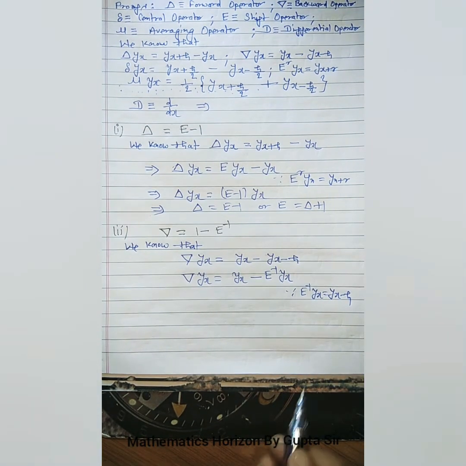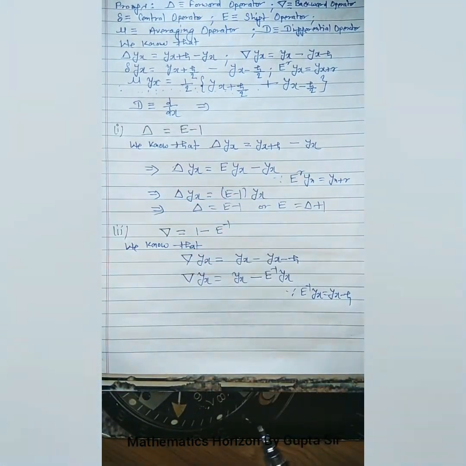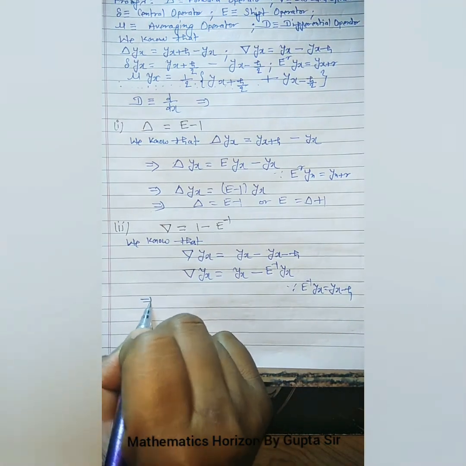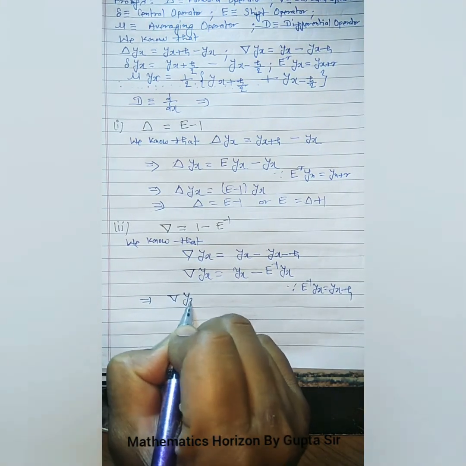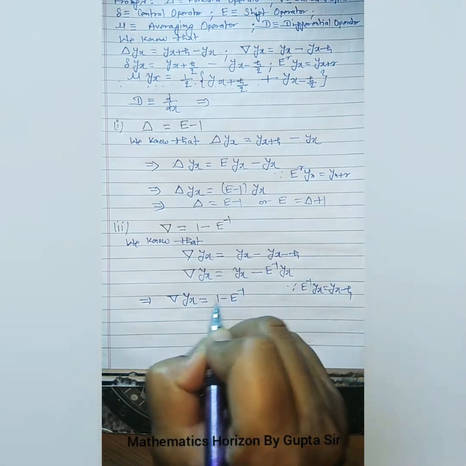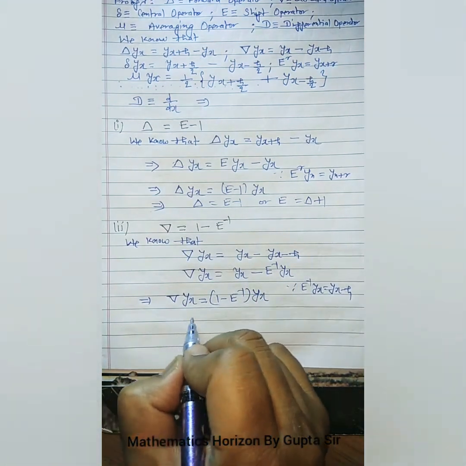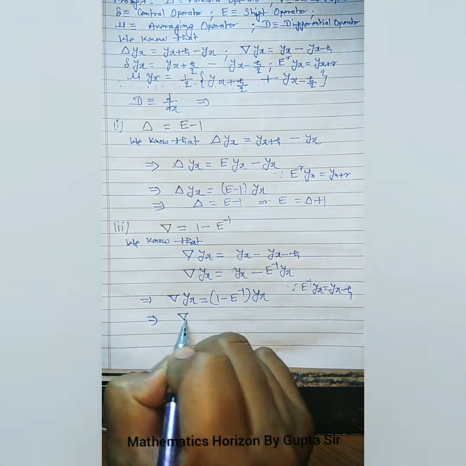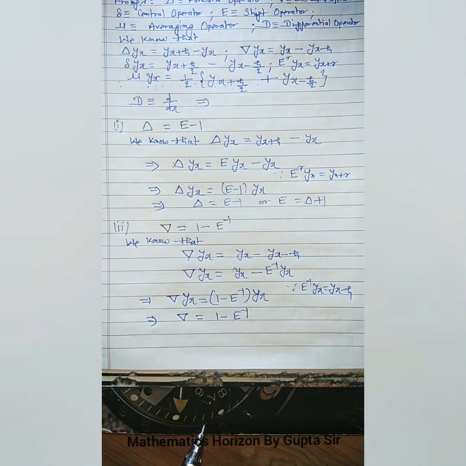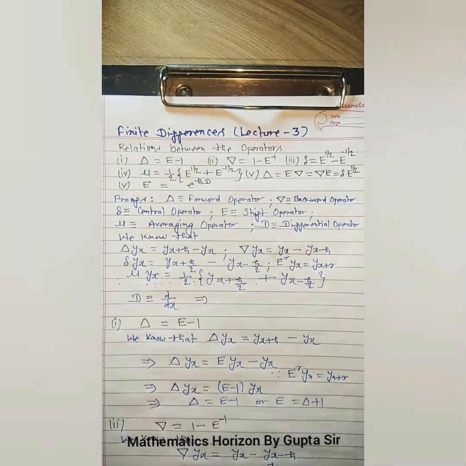And here E y(x) equal to y(x plus h). That is, ∇y(x) is equal to (1 minus E inverse) y(x), where y(x) is the common term, that is, ∇ is equal to 1 minus E inverse. Now the second relation is proved.